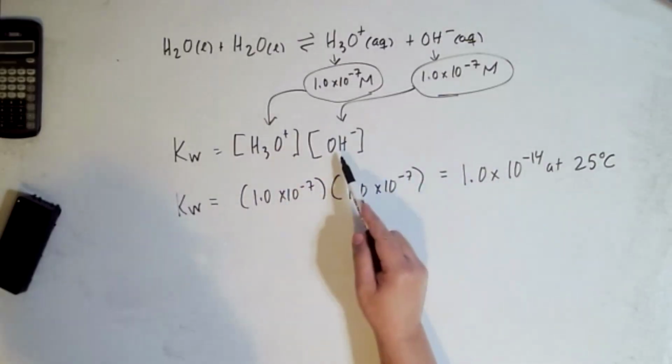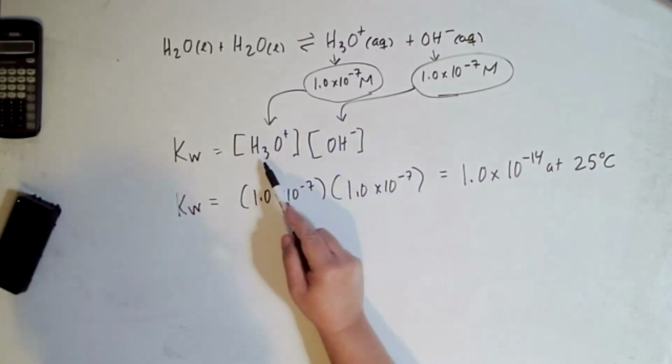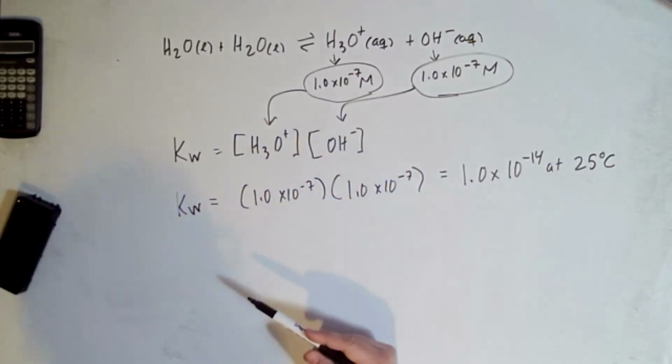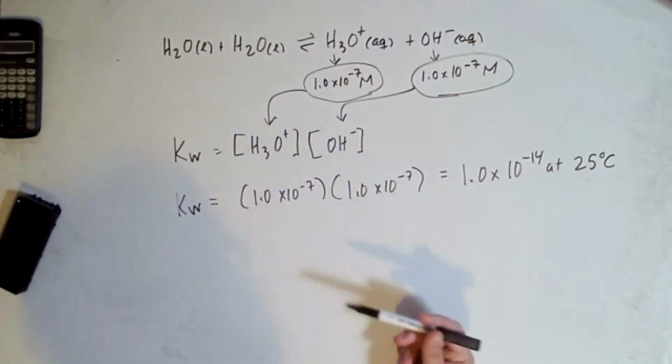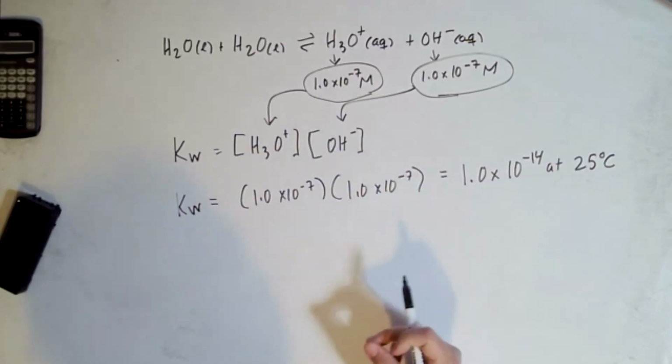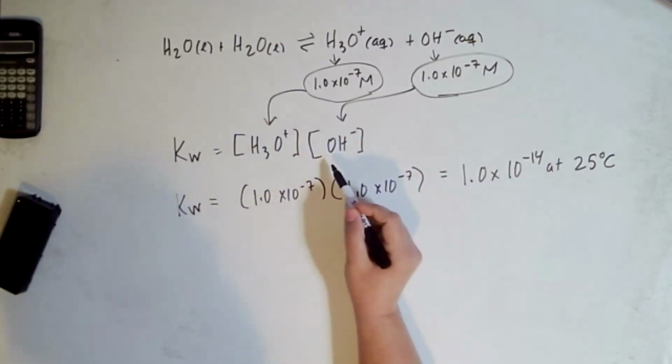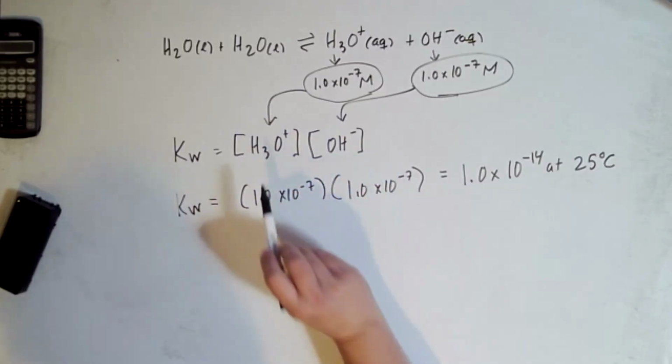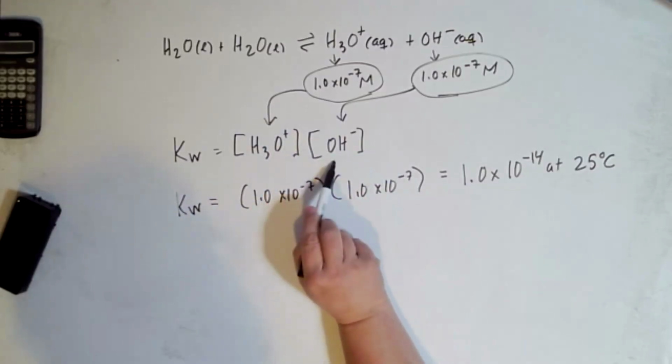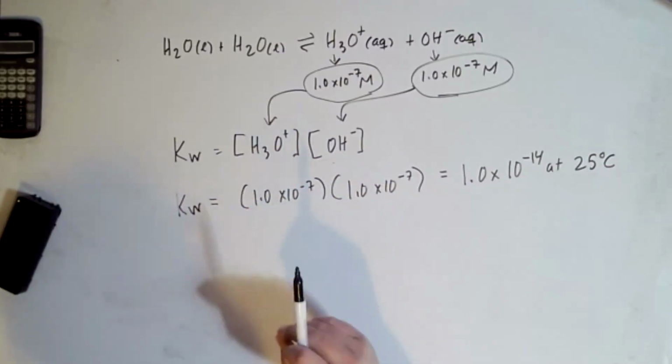Right? So if I know the concentration of hydroxide, I can find the concentration of H3O plus. If I know the concentration of H3O plus, I can find the concentration of OH minus. All right. What we also know from this relationship is that whenever these two numbers are the same, whenever they're equal, our solution is going to be considered neutral.